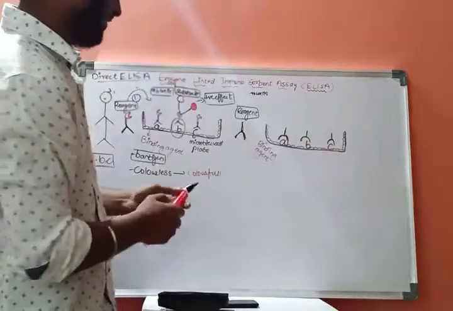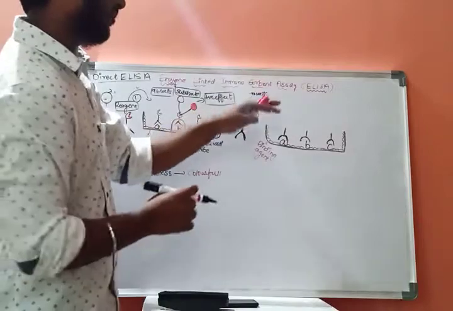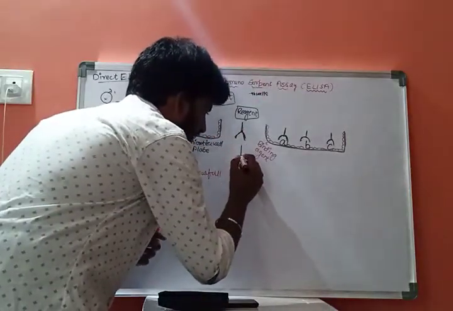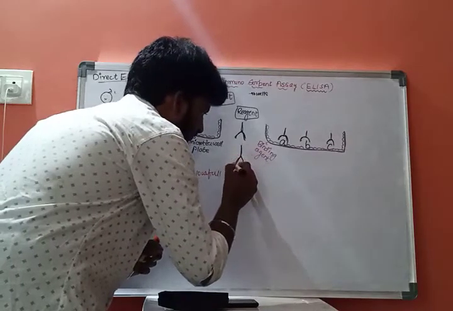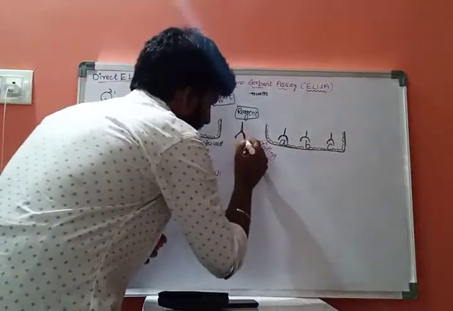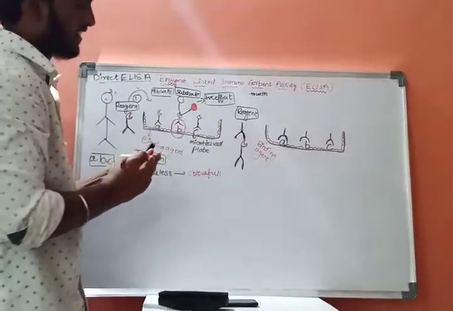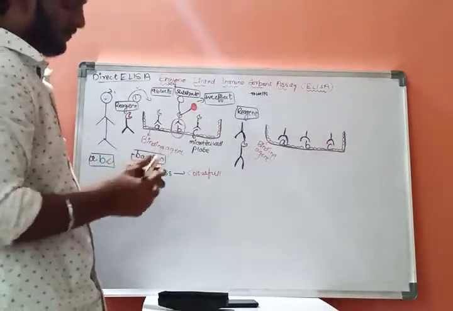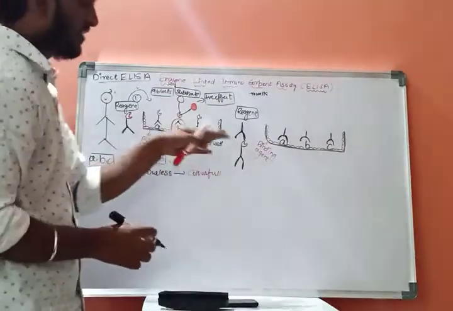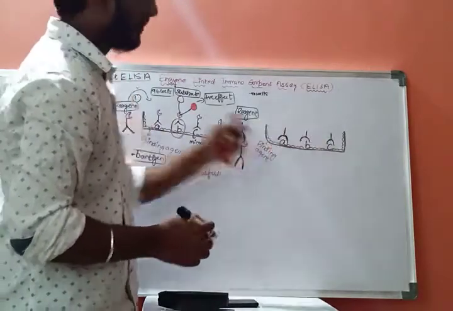Now let us examine only the B type of antigen. After this step, add one more antibody, the secondary antibodies, which contain an enzyme on them. These are also called secondary antibodies. These secondary antibodies are specific and will bind only to the B type of antigen.